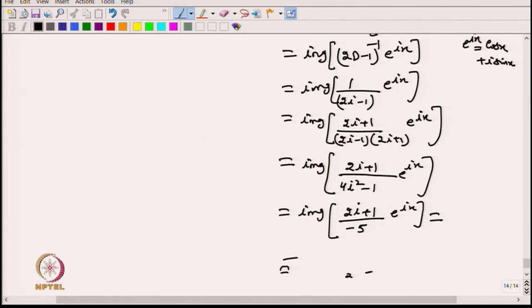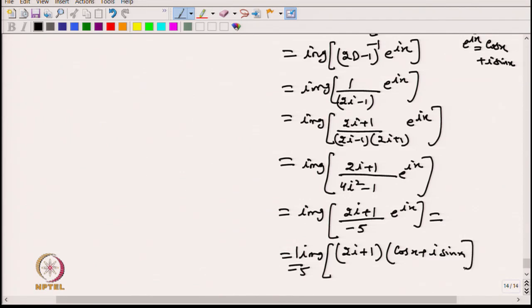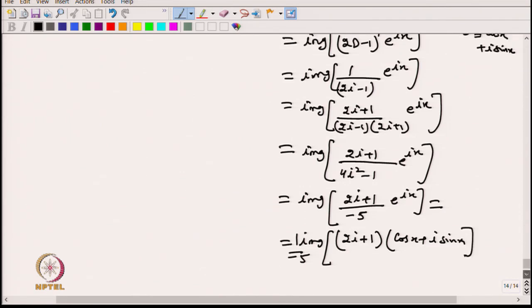Now I want to take the imaginary part of this. The imaginary part will be: 2i plus 1, I can take this as common, multiplied by cos x plus i sin x.